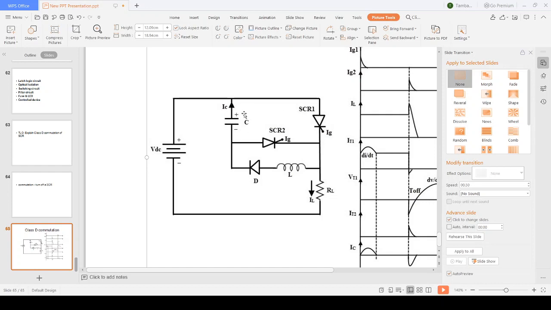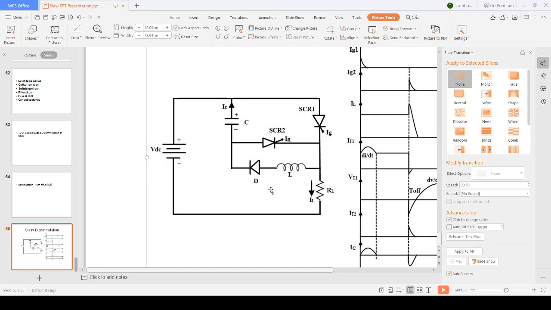Because of this capacitor, the diode D is reverse biased, and at another instant SCR2 is triggered to turn off the main SCR1.